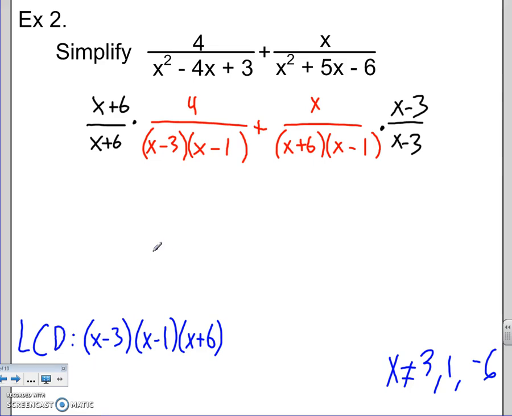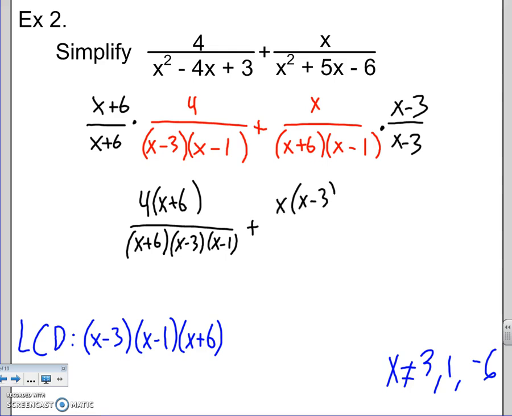The left side becomes 4 times the quantity x plus 6, over that giant fraction, x plus 6 times x minus 3 times x minus 1, plus the right side becomes x times x minus 3 over x plus 6 times x minus 1 times x minus 3.